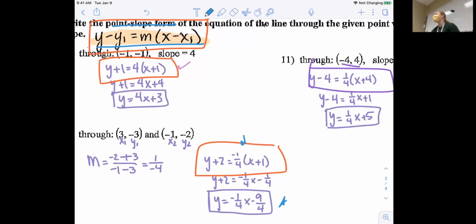Something's wrong there. Because I did negative 3/4 minus 12/4. It should have been plus 12/4 because it would have been y minus 3 on this side. So you would have had to add 3 to the other side. Plus 12/4, not minus 12/4. Okay.